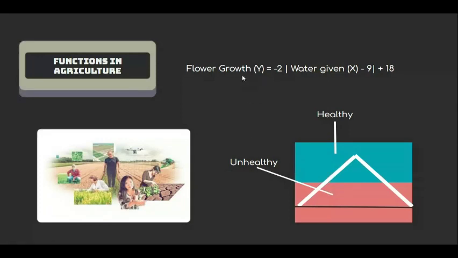It would be this function, which is an absolute function that's flipped. If you water it a little bit, it will be unhealthy, but if you water it too much, it will also be unhealthy. So there's a healthy middle, which is true for most things.